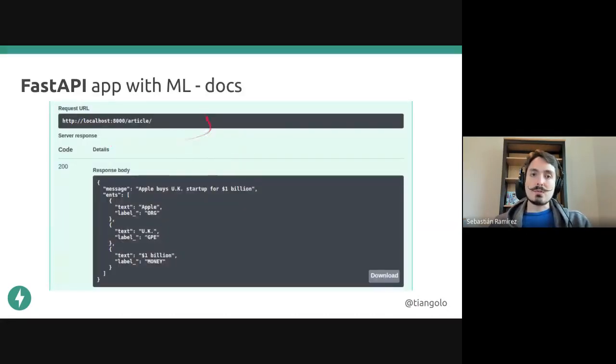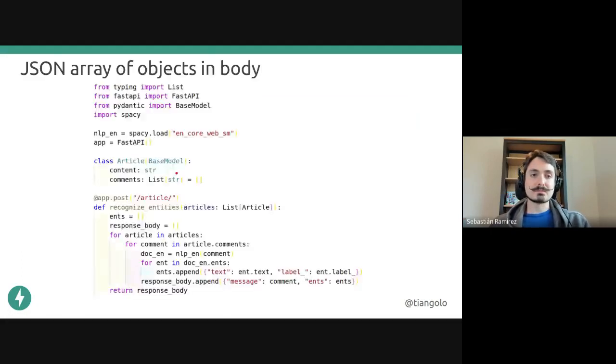And if we go to the docs, if we execute another request using this automatic user interface, we will get the response back. And you can see that the response is generating the machine learning prediction that we were expecting. And we can do that live while we are developing it, or when it's deployed to production.